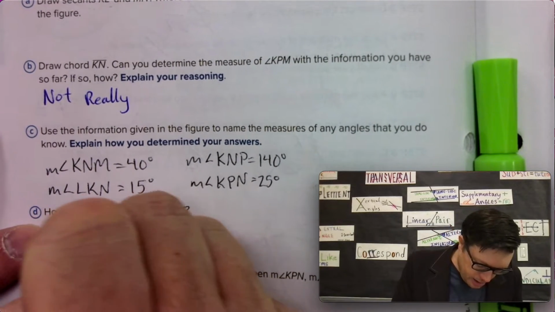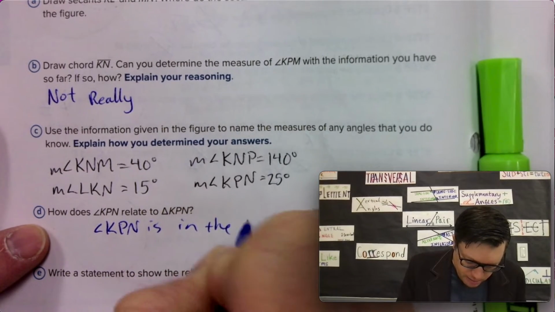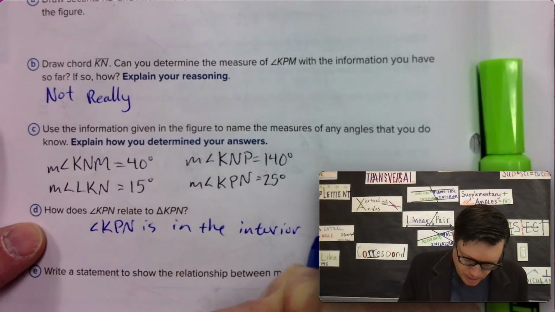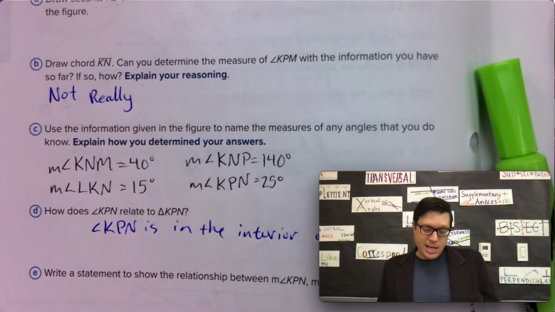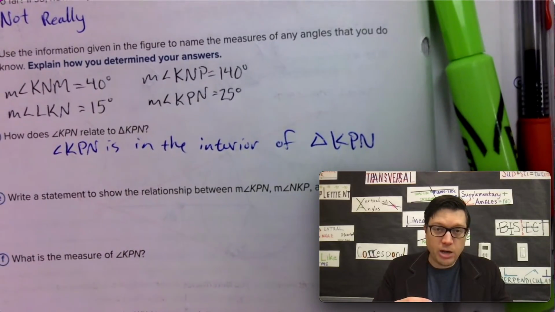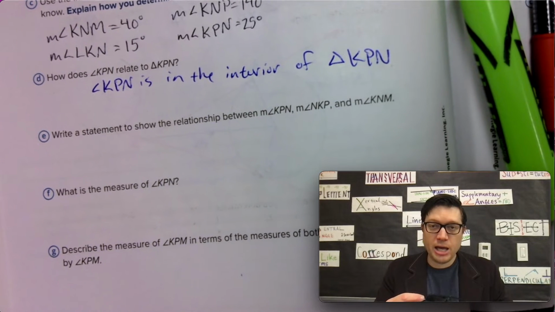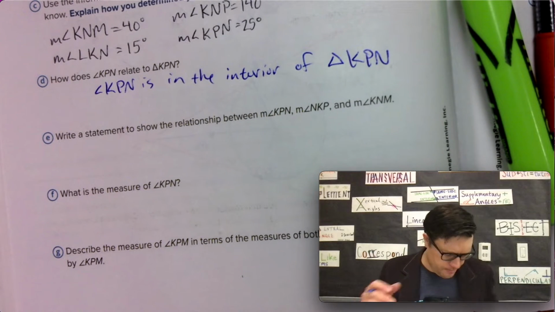Angle KPN is in the interior of triangle KPN. Write a statement to show the relationship between the measure of angle KPN and the measure of angle NKP and the measure of angle KNM.